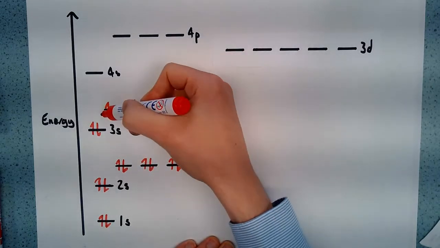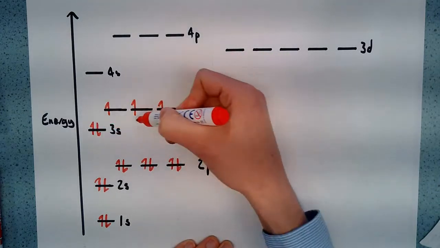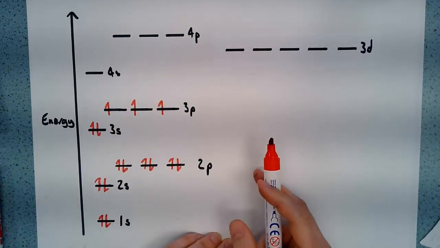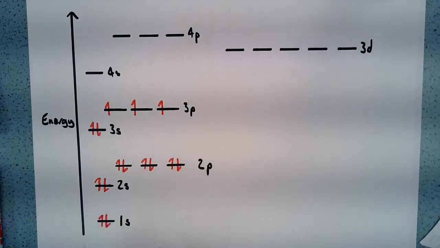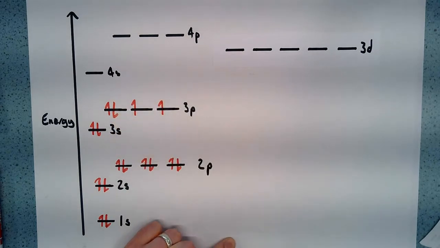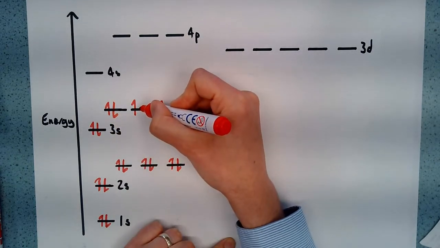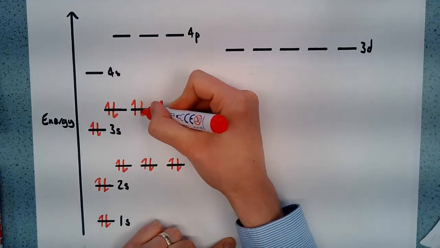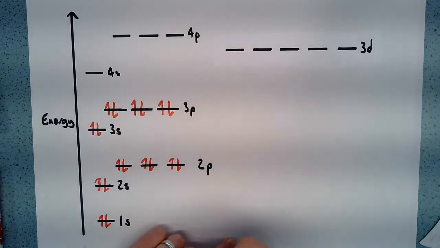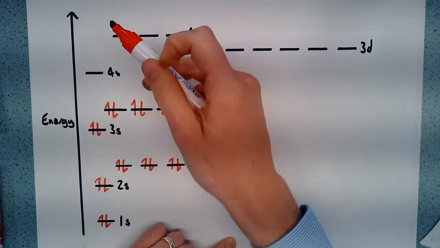All of them are in this 3p subshell, but each of those are in a different orbital. And we can continue in the same way as with the 2p. We would go sulfur, would have that one, and then chlorine would be like that, and then argon would be like that, and we can continue filling up this way.